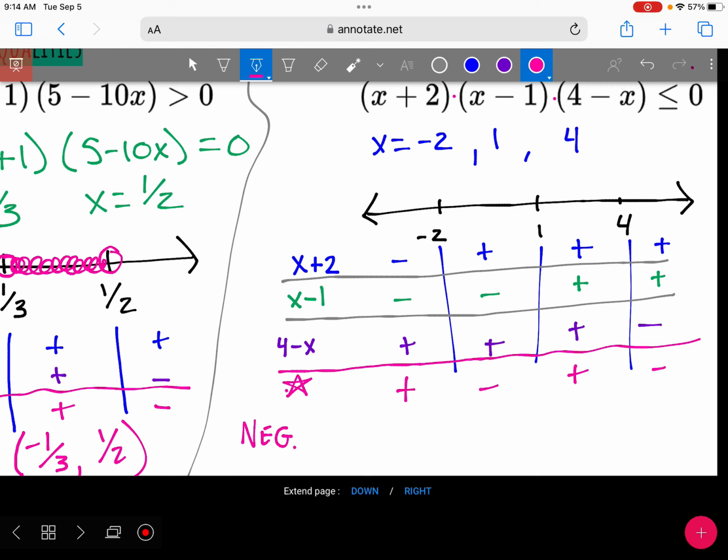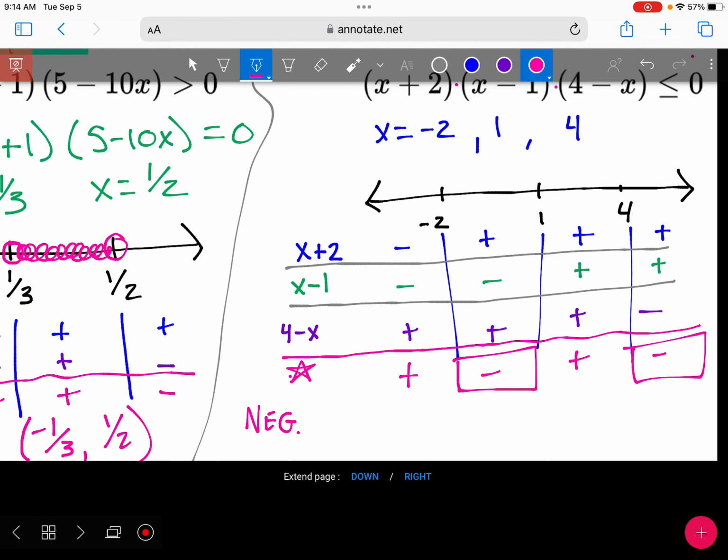Yes. So we know it's this piece and this piece. So from -2 to 1, inclusive. And we're going to draw a U for union. And then 4 to infinity.